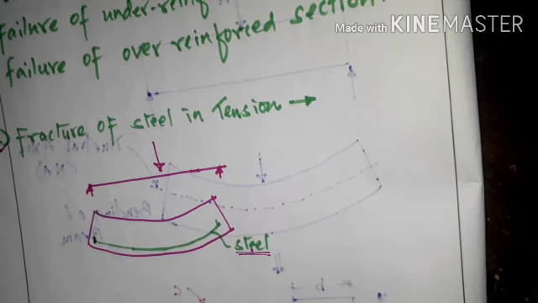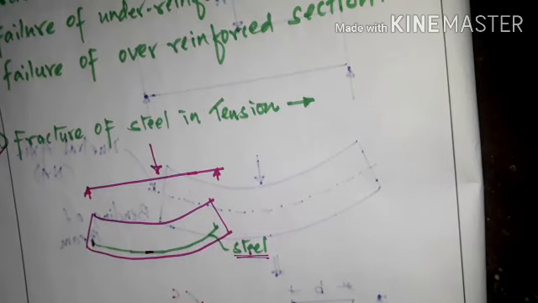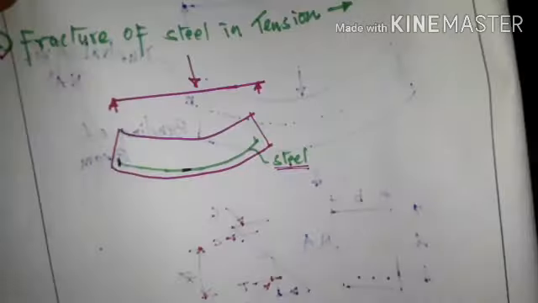So that steel is not capable of taking the additional stresses which are going to develop in the member. So that member has to fail because of fracture of steel in tension. Okay, understood? So that is regarding the first failure.